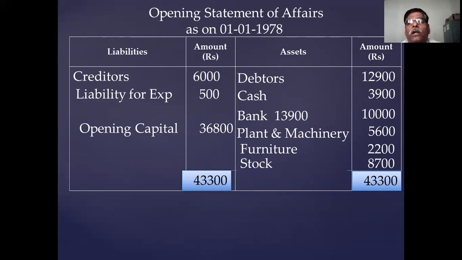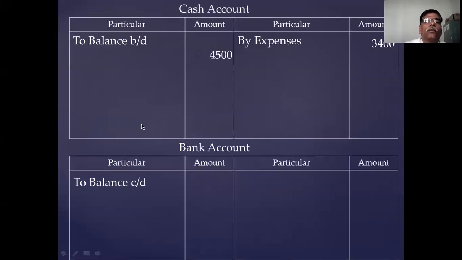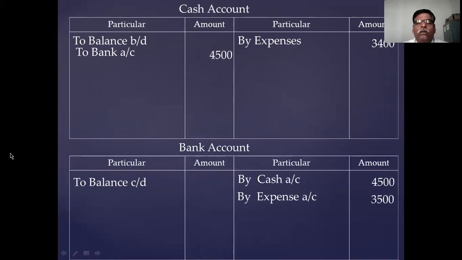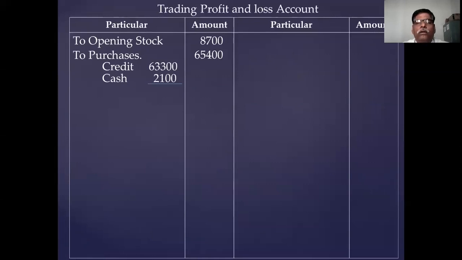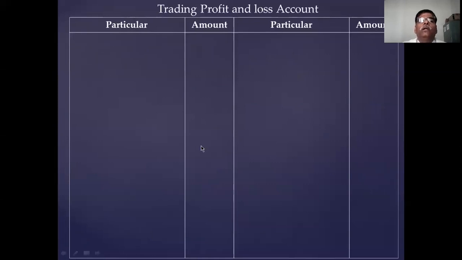Now we prepare the trading profit and loss account. Okay, you draw the trading profit and loss account. This is the trading profit and loss account of the firm for the year. First item in the trading account is opening stock.